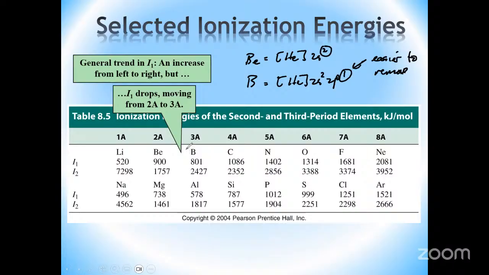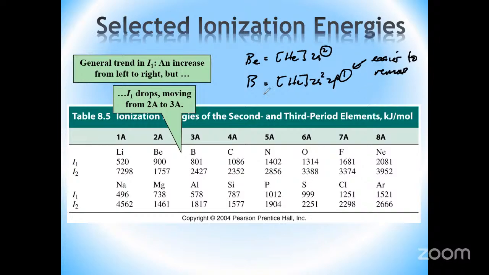That's how we can explain that observation. The ionization energy drops slightly because the electron in the 2p sublevel is slightly further away from the nucleus compared to the electrons in the 2s sublevel, and that's why it's easier to remove, all right?